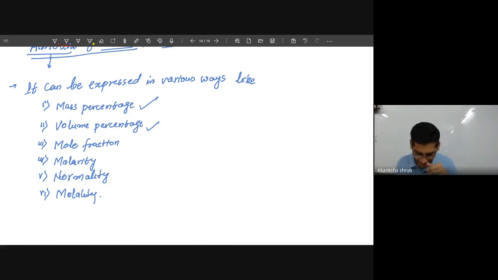Here, the mass by mass percentage, what is this? This you will learn in class 11, not in your class 10th. Okay, student.